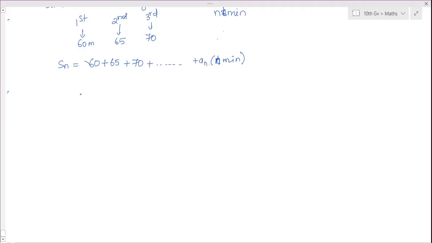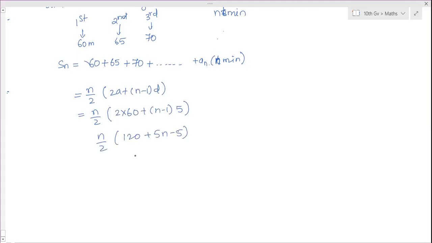Sn is equal to n by 2, because n we don't know, into 2a plus n minus 1 into d. 2 into 60 is 120, n minus 1, and the difference is 5. So n by 2 into 120 plus 5n minus 5, that is n by 2 into 115 plus 5n. So this is the distance covered by police.